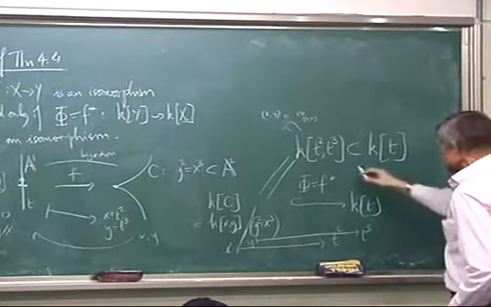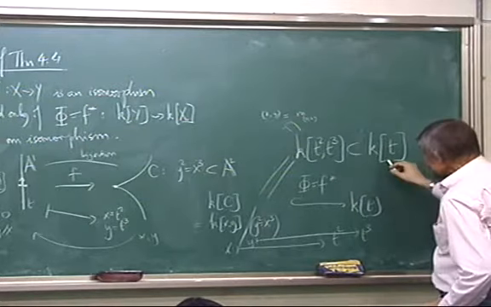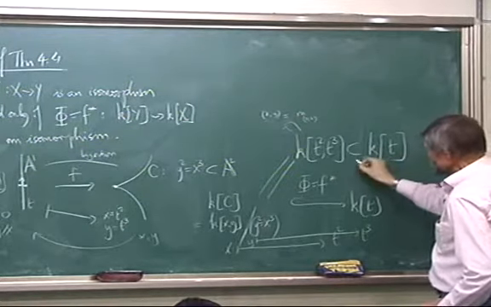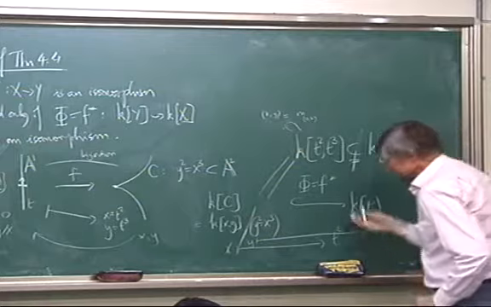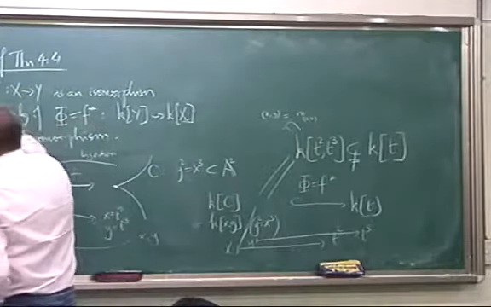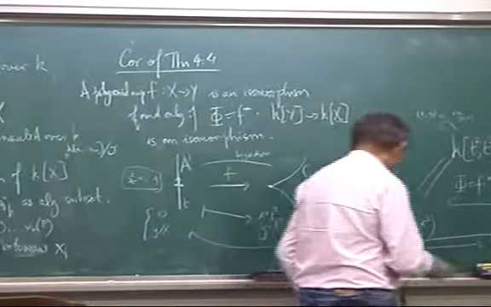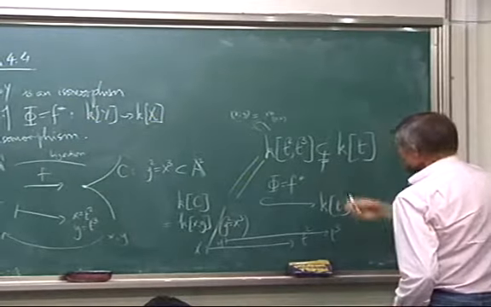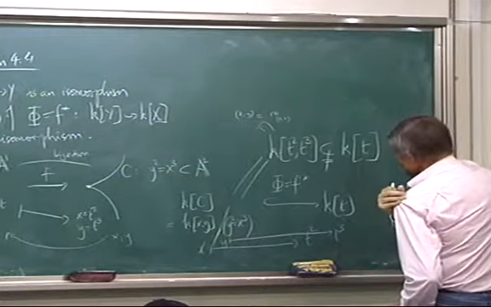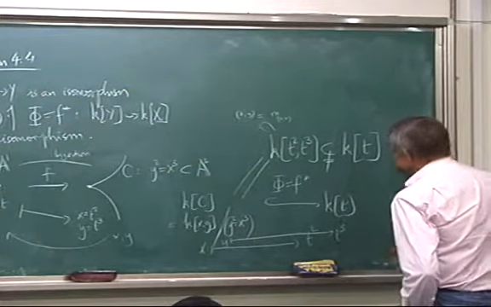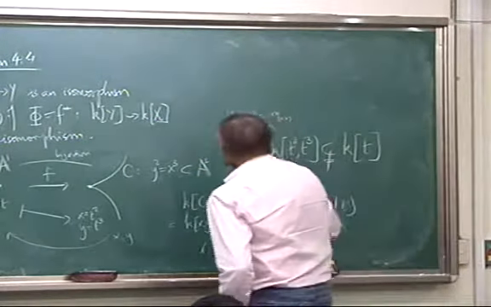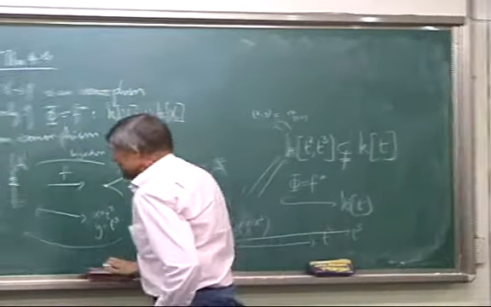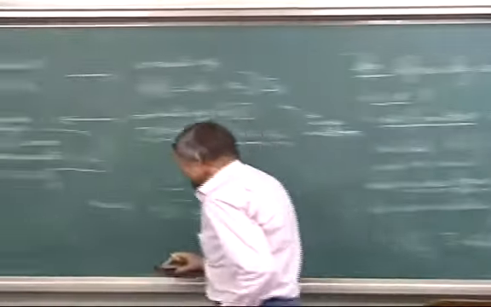So this inclusion is not an equality, and therefore this corollary says that these two things are not isomorphic. We're going to see many more of these if we do more things. On the other hand, in some ways, a much more trivial example.